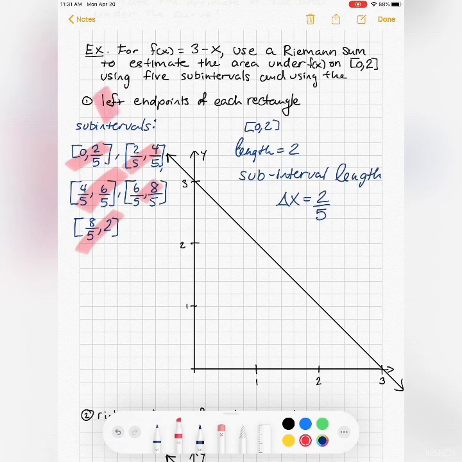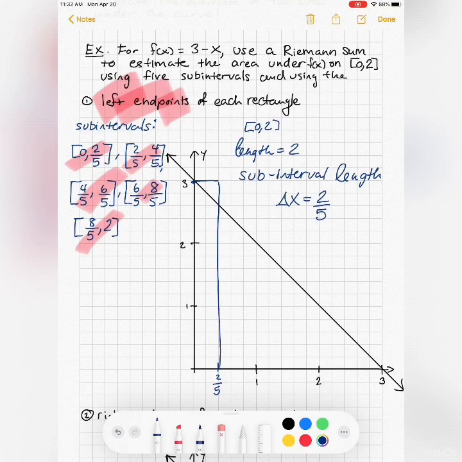Okay, so then let's see. This one says use the left endpoints. All right, so that means that starting with my first interval, that starts with 0. So the left endpoint would be here. Okay, so I did this in fifths, so here's 2/5. So using the left endpoint, trying to draw that so it looks decent, something like that.